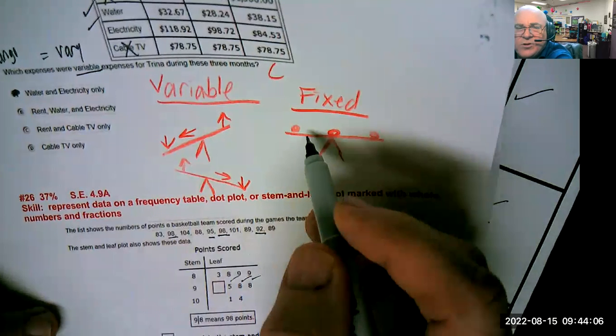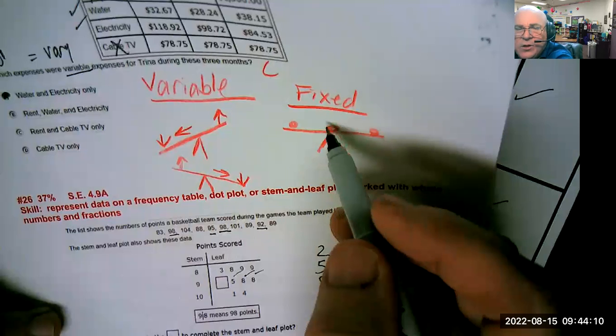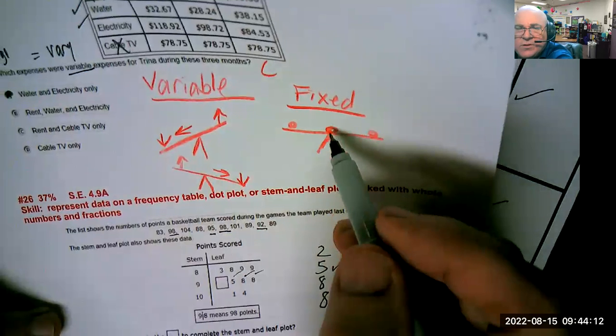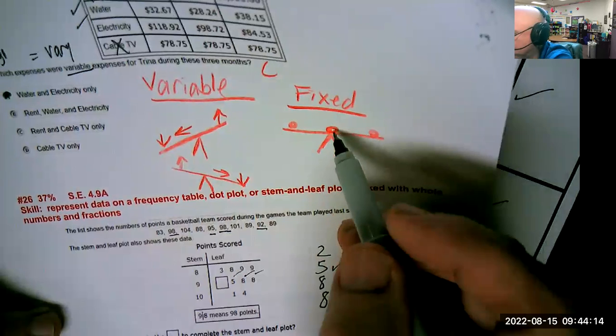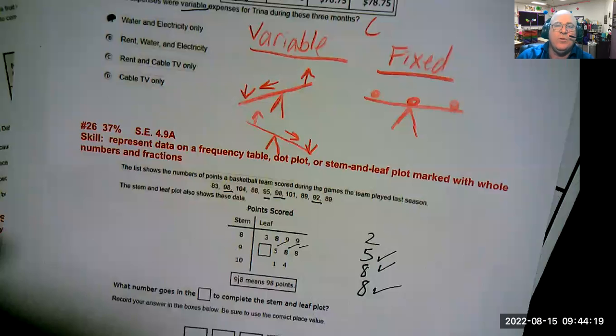It's not going to be on a rising or falling scale, or in this case, balance, teeter-totter, seesaw. So that's how I'd recommend that you do those two.